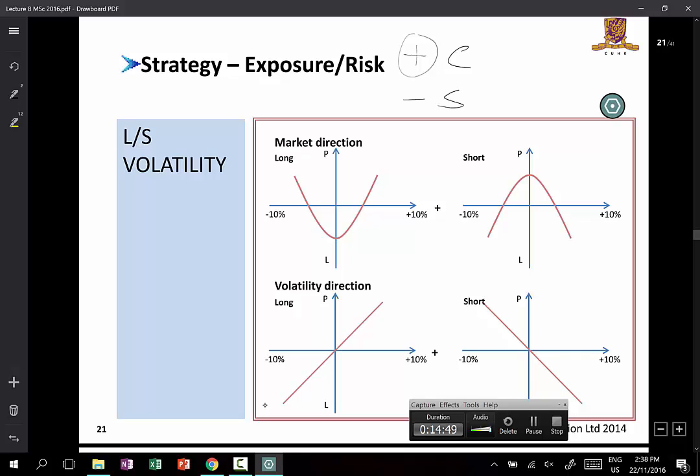So you are just trading gamma, and you are trading volatility. Then what happens when volatility goes up or down? So first of all, when volatility goes up, you will make money, and when volatility goes down, you will lose money.